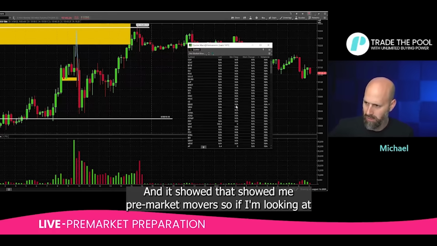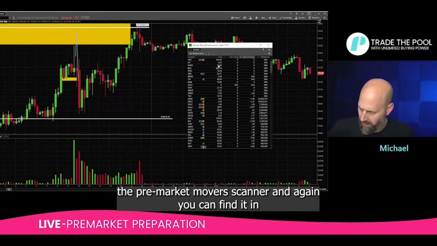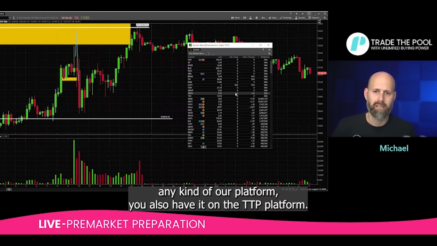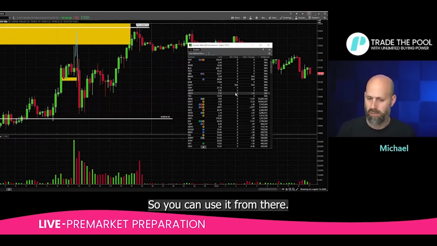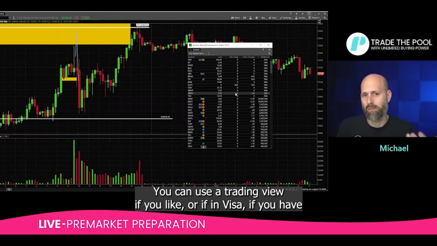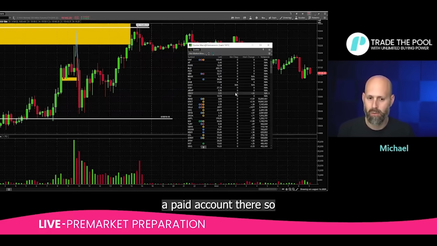pre-market movers. If I'm looking at the pre-market mover scanner, and again, you can find it in any kind of platform. You also have it on the TTP platform, so you can use it from there. You can use TradingView if you like, or FinViz if you have a paid account there.